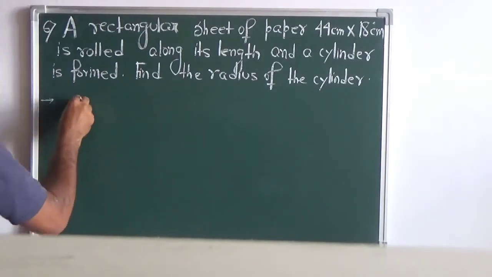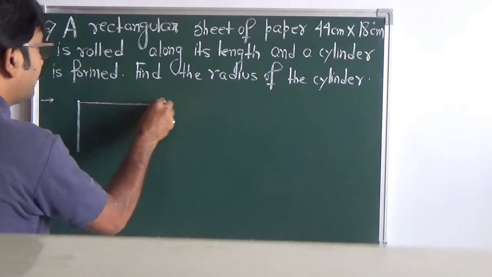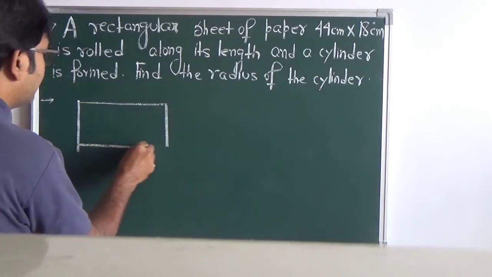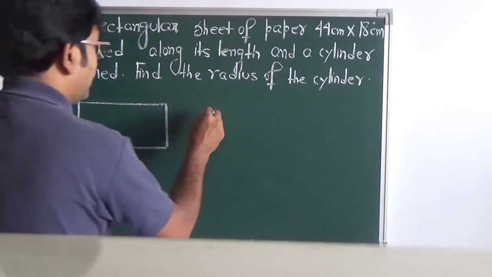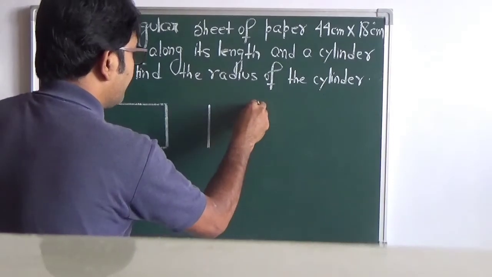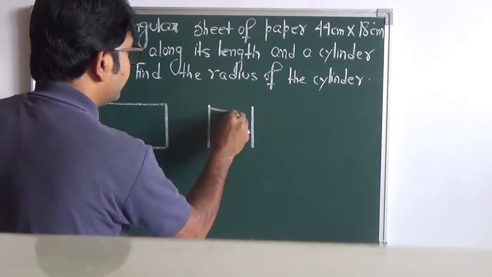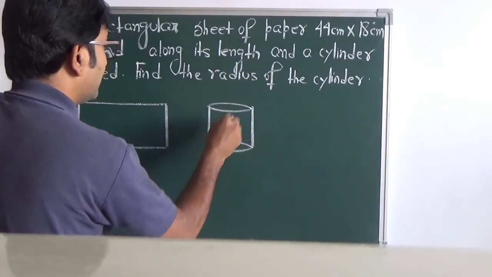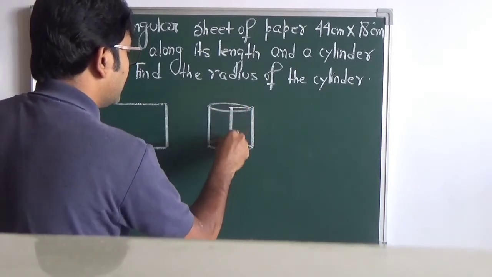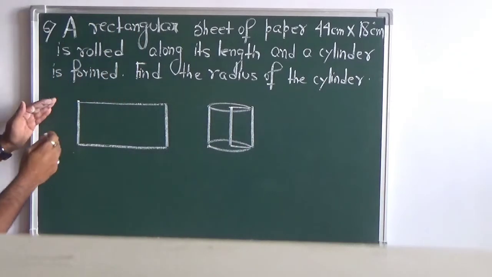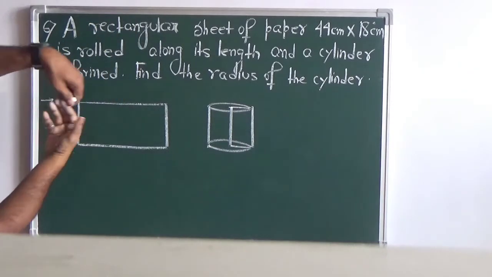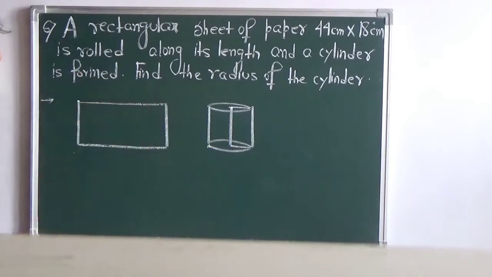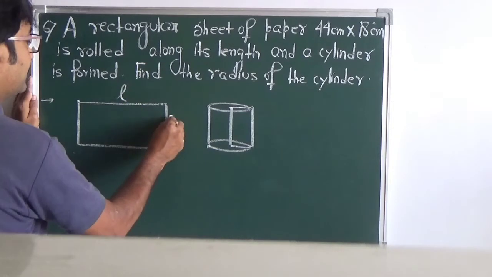If this is the rectangular sheet of paper, this sheet of paper is rolled along the length, then this becomes the shape of the cylinder, in which you will find this length and this is the breadth.